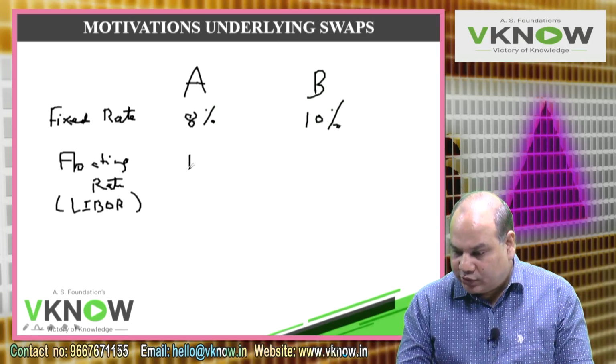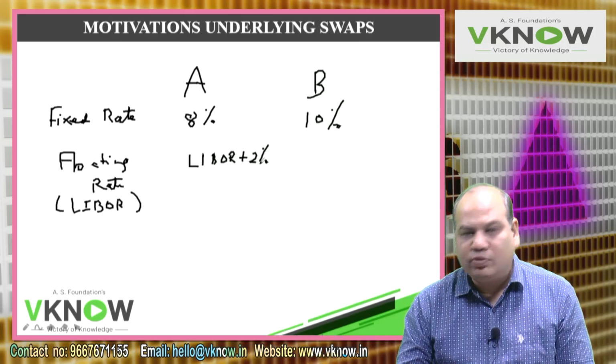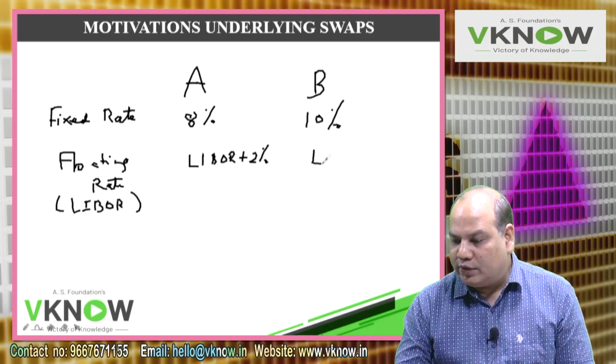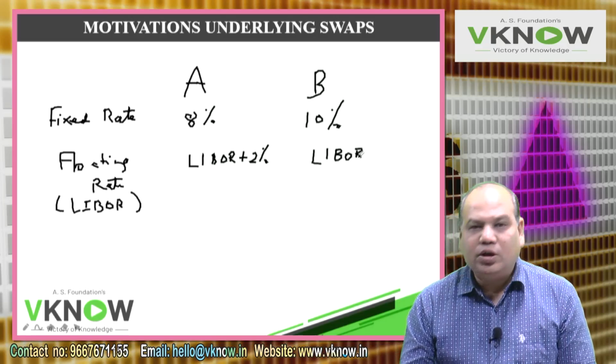And suppose that is here LIBOR plus 2%. If A borrows, it will pay LIBOR plus 2. But if B borrows at floating rate, then B will have to pay LIBOR.